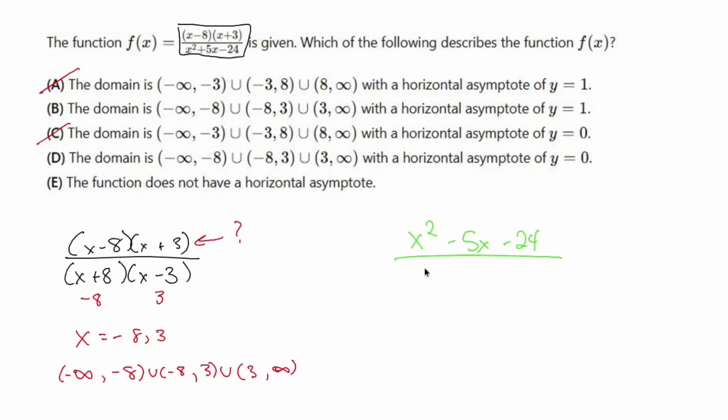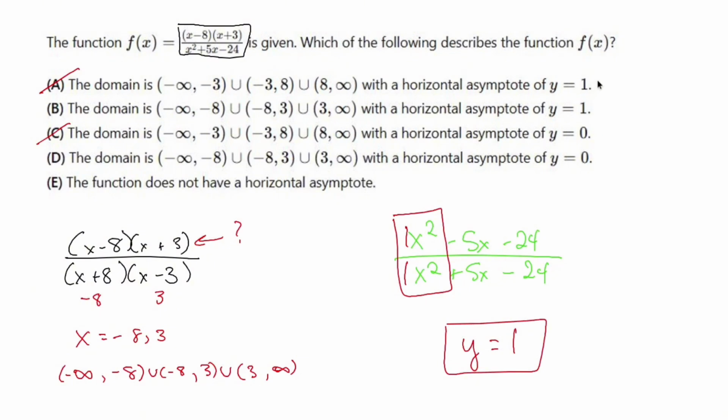And that's all over x squared plus 5x minus 24. So we take the leading coefficient divided by the leading coefficient. Since the degrees are the same, it's literally just the leading coefficient, which is invisible 1, divided by the leading coefficient, which is invisible 1. And 1 divided by 1 is 1. And since this is a horizontal asymptote, it's going to be a horizontal line, which is y equals 1.